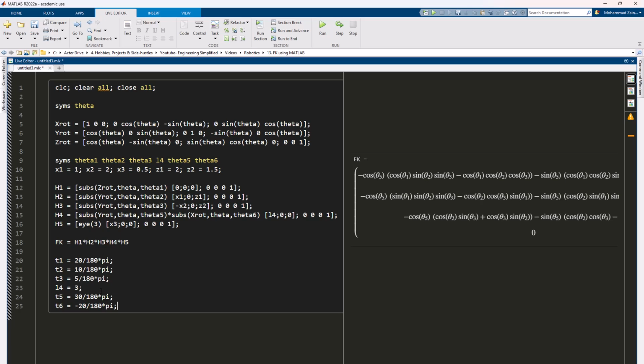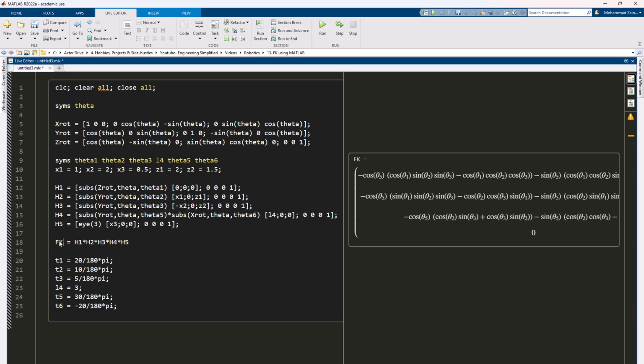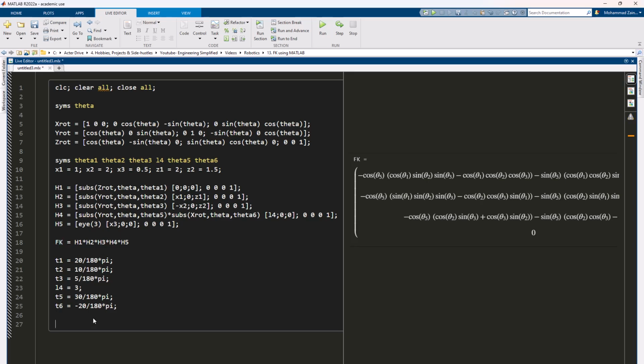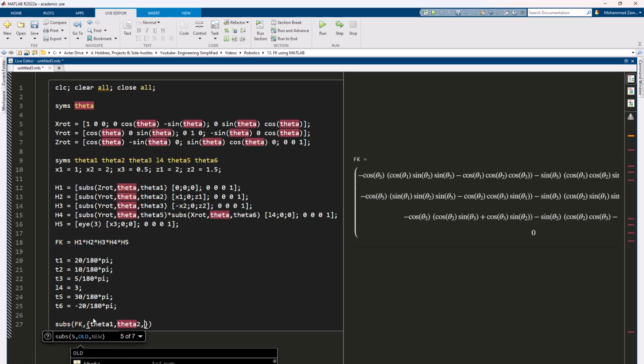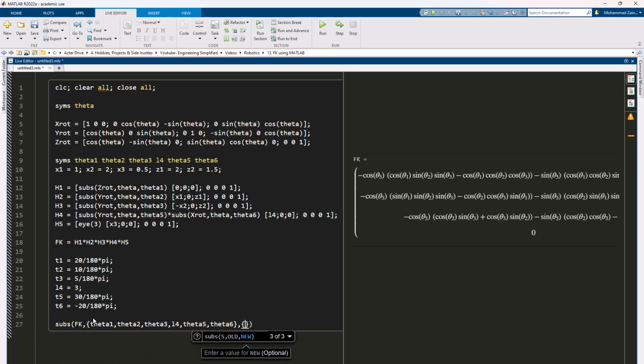So what I would do is, I have a forward kinematics command, and I would just substitute the values. So in forward kinematics, for theta 1, theta 2, theta 3, A4, theta 5, and theta 6, I can just substitute T1, T2, T3, A4, T5, and T6.